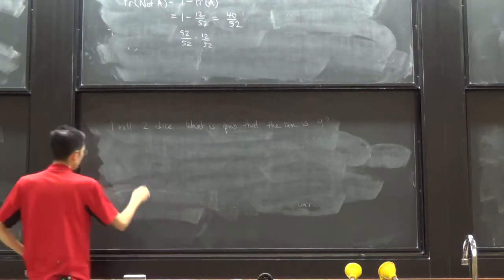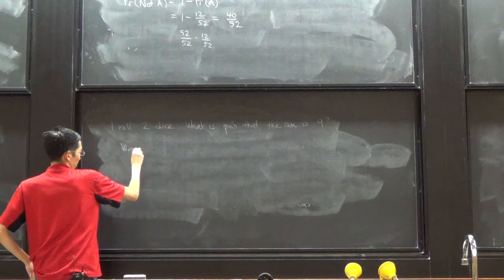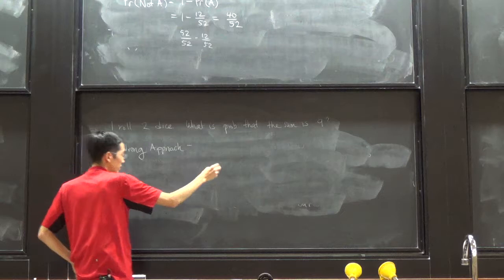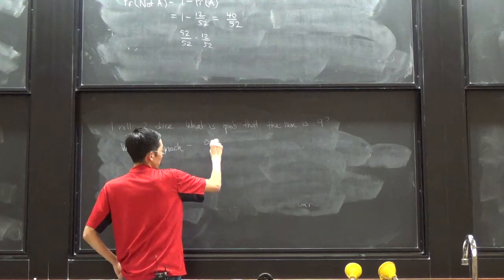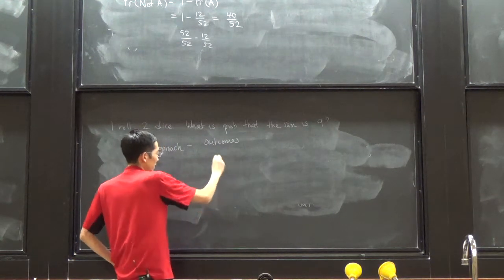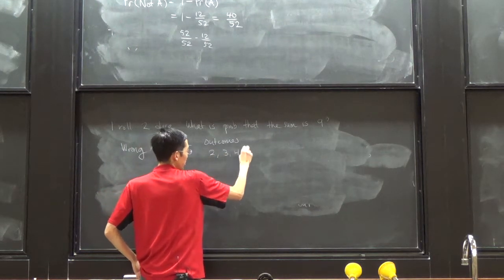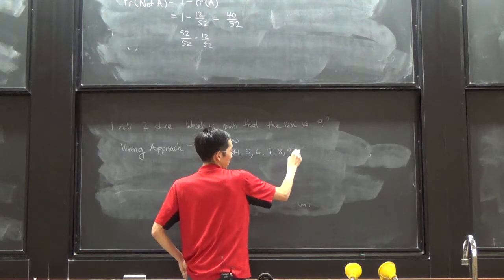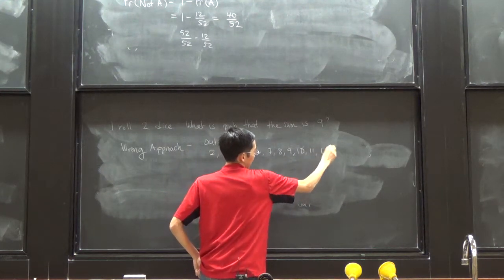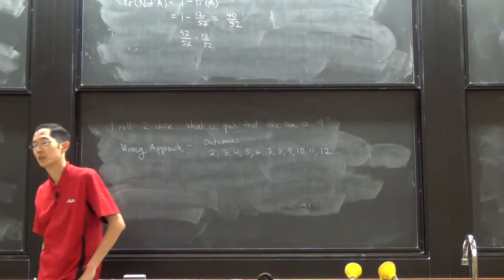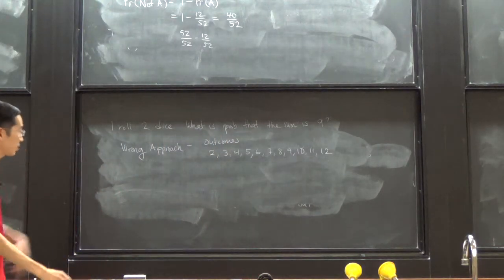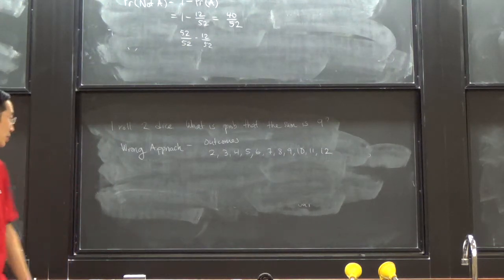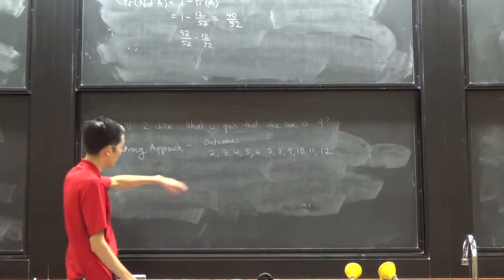So, let me tell you the wrong approach. The wrong approach is to say, okay, the outcomes for the sum of dice are 2, 3, like when you roll 2 dice, you can get as small as 2 for the sum, and as high as 12. The wrong approach would be to say, well, 9 is one of these outcomes, so we have a 1 in 11 chance.